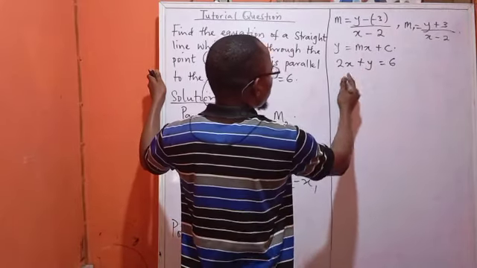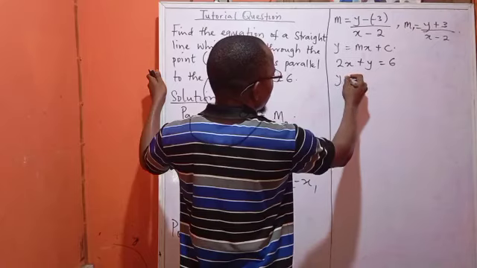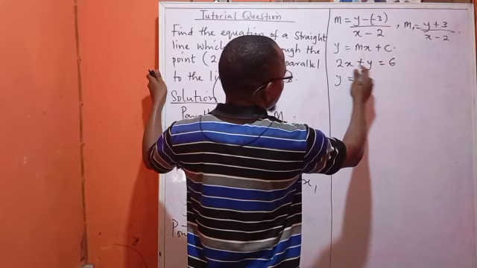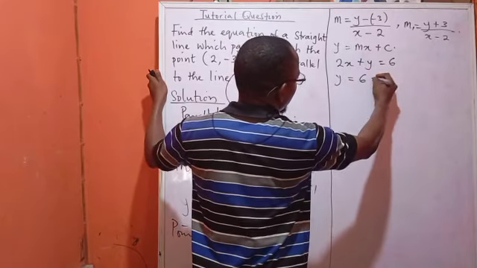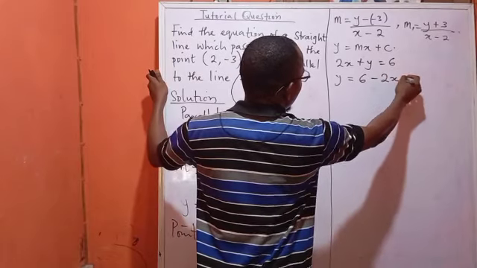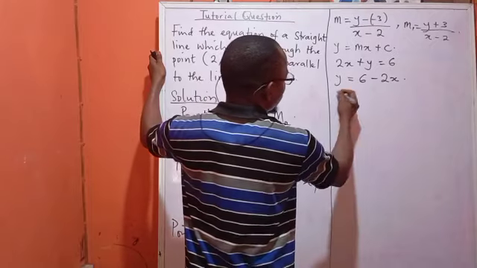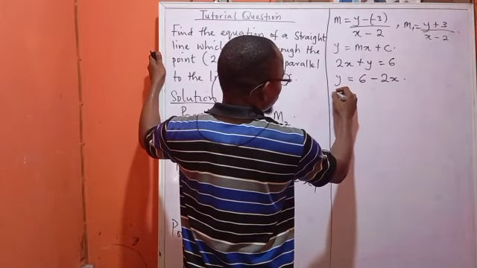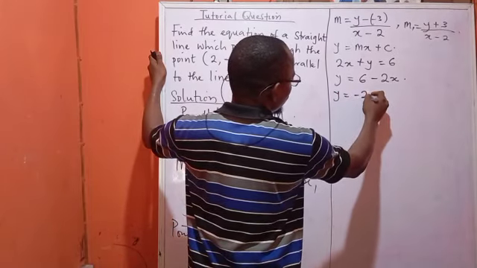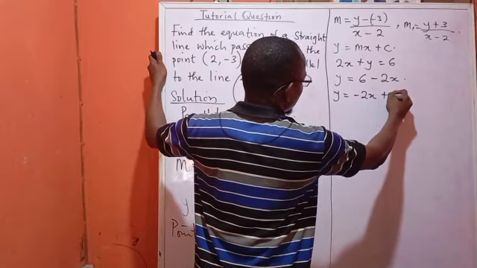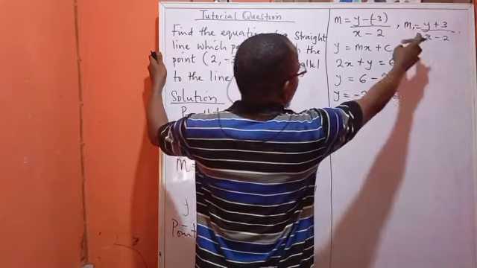So making y the subject of the formula, y equals to 6 minus 2x. If we rearrange, then it will be y equals to minus 2x plus 6. So we have our m1 already.